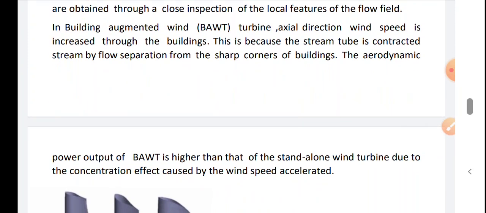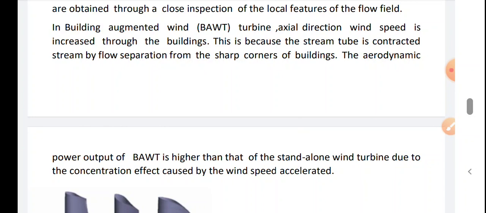In building augmented wind turbines, popularly known as BAWT, the axial direction wind speed is increased through the building. In these turbines, the stream tube is contracted by the flow separation from the sharp corners of the buildings.